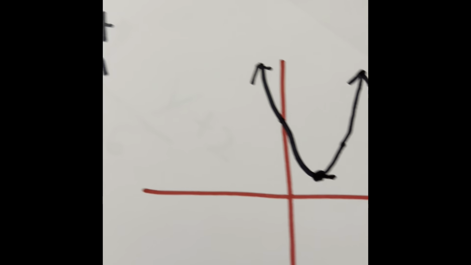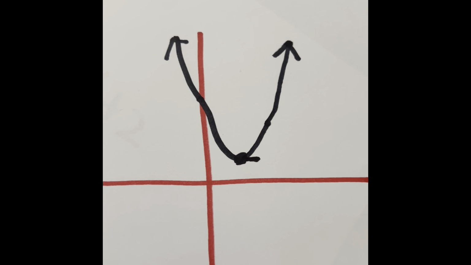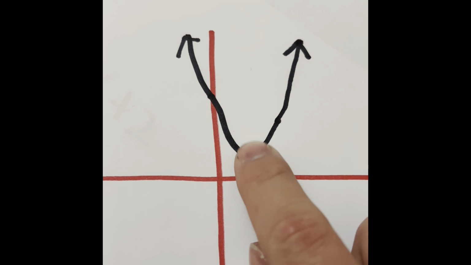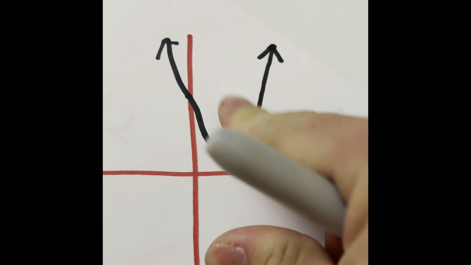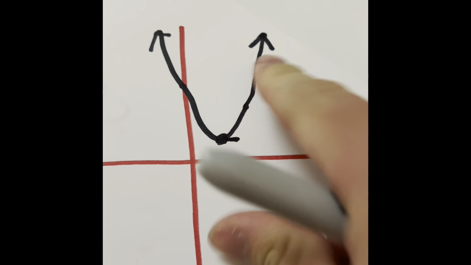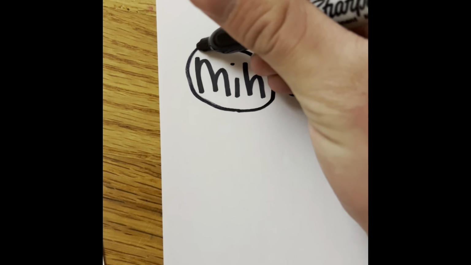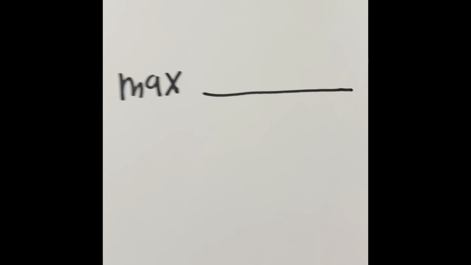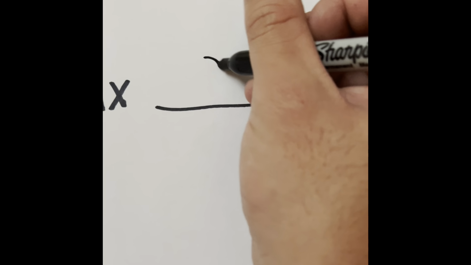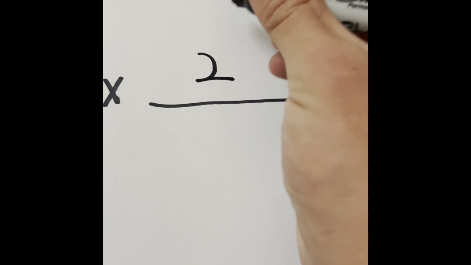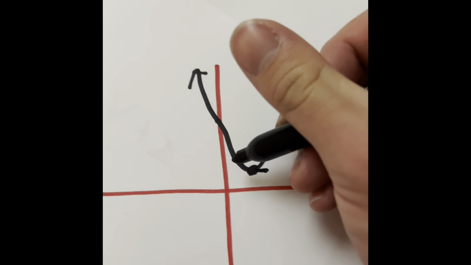If you take a look at the picture right over here, looks like we have a minimum, but we don't have a maximum because it keeps going forever and ever and ever. So meaning we will have a minimum, and our minimum is going to have a number of 2. So that is going to be our minimum, which is going to be on the y right over here.